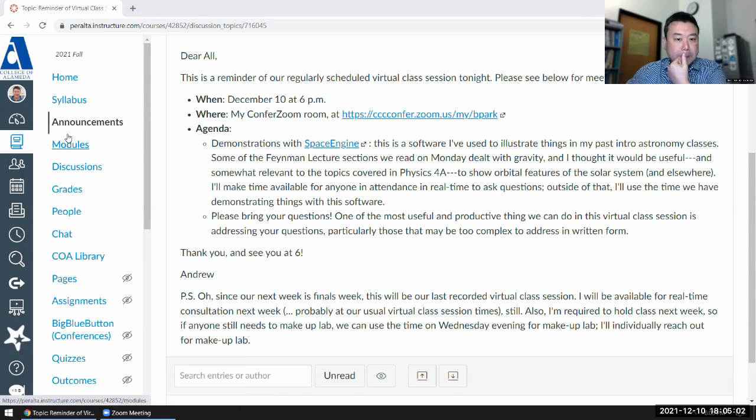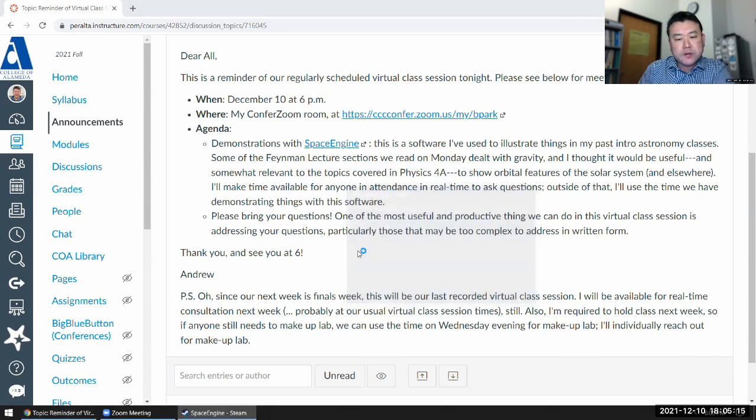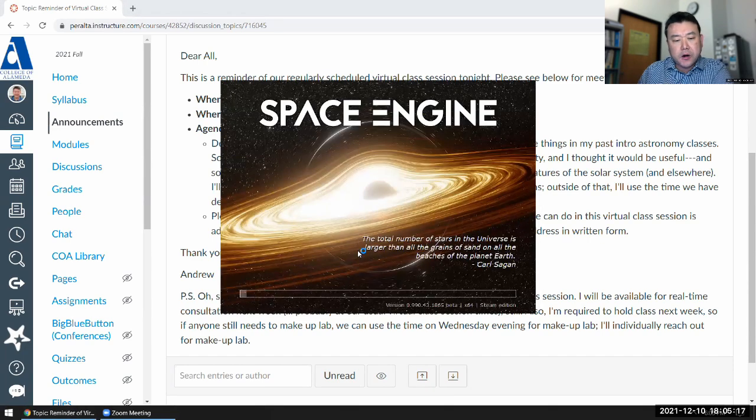I think I have to change my share setting. I have a vague recollection that the normal Zoom share setting with SpaceEngine before doesn't quite come through right.